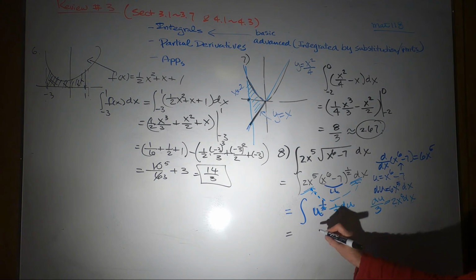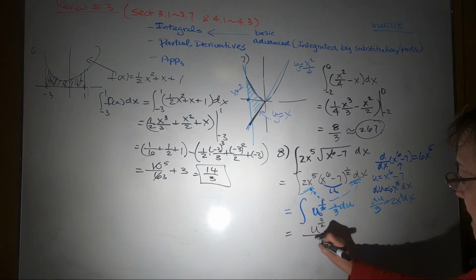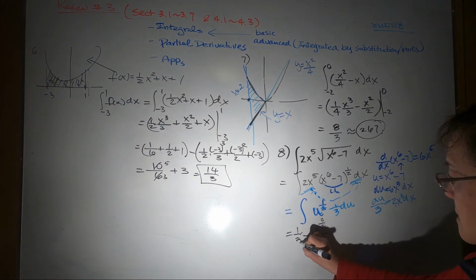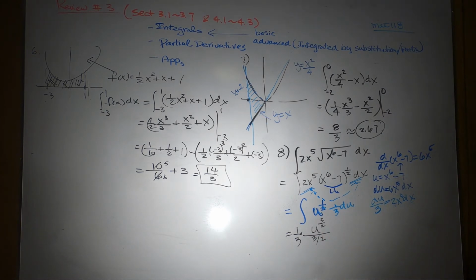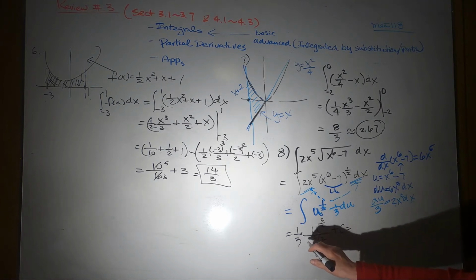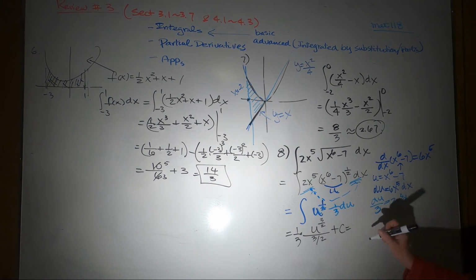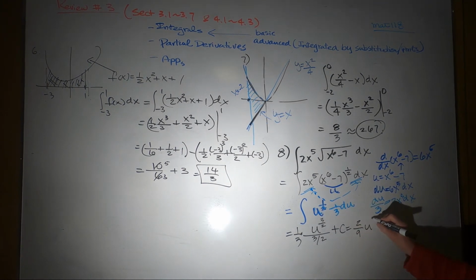Up one level, u to the 3/2, then divided by 3/2, then times 1/6 outside, constant multiple rule, right? Divided by 3/2 is the same thing as times 2/3, so that will be 2/9 u to the 3/2 plus c.